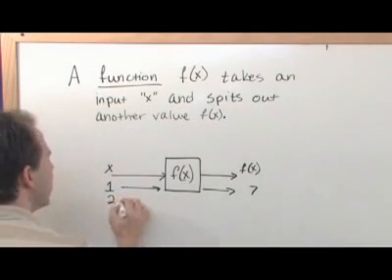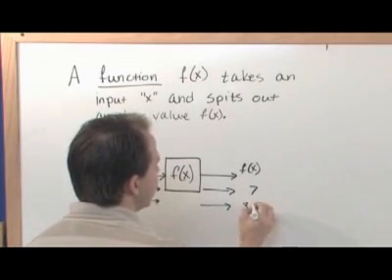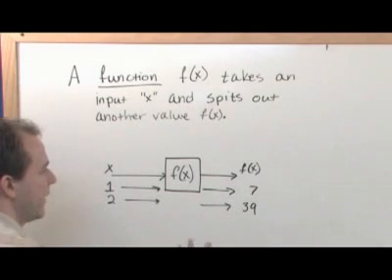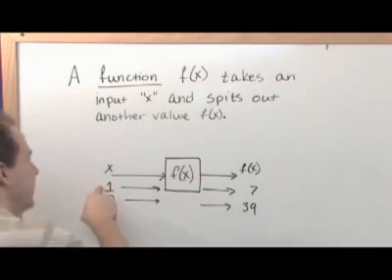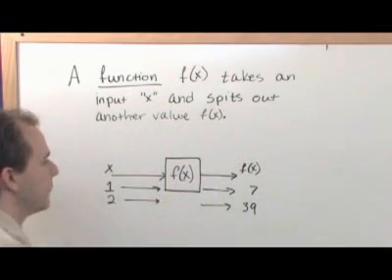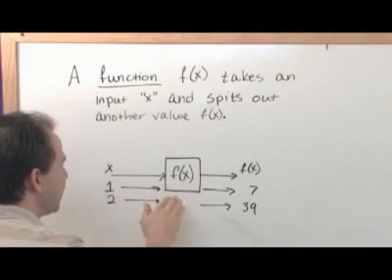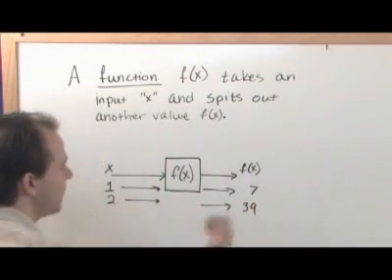You might put 2 on the input, and you might get 39 on the output, whatever. And f of x is just some mathematical equation that describes what happens to the input and transforms it into the output. So f of x, which we'll look at all day here, is the mathematical beast that takes the input and changes it into the output.